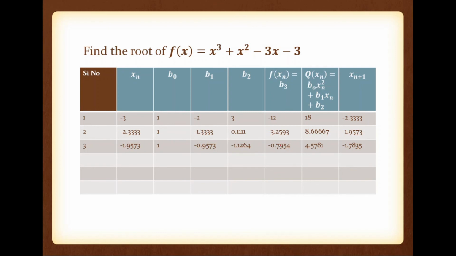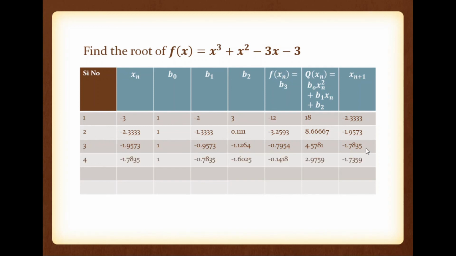Now the remainder B3 is equal to this minus 3 plus B2 into X0. So B3 is equal to minus 0.7954. So this is B3. Now we have the quotient, these three terms: x square minus 0.9573x minus 1.1264. Substituting this X0 into this equation, we have minus 1.7835.